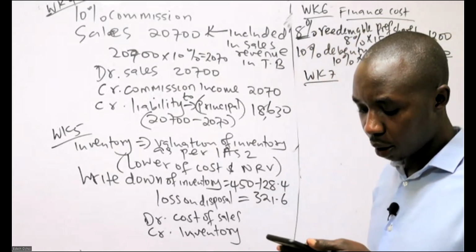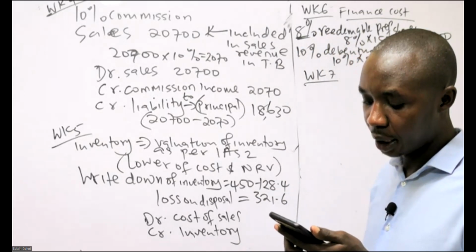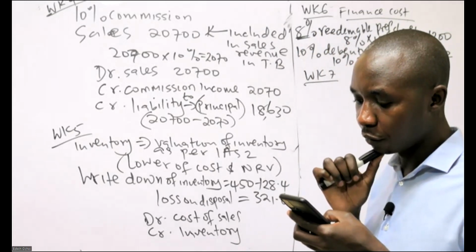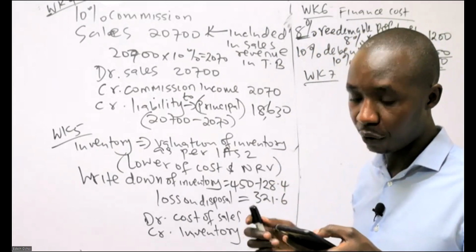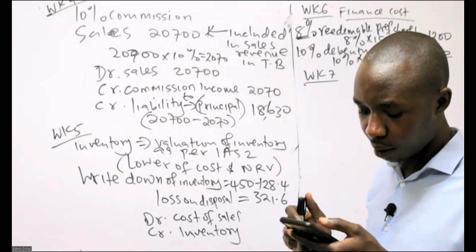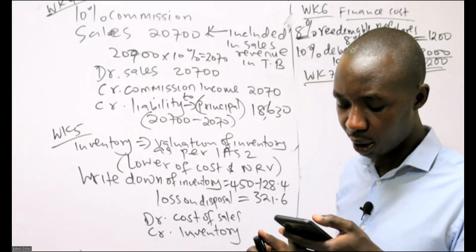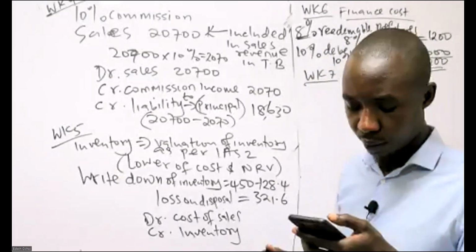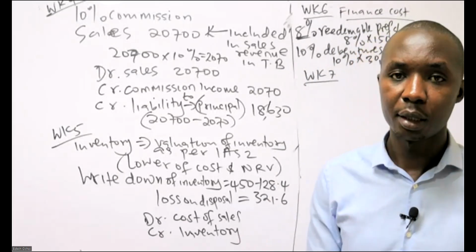For number 8, they say the balance on the income tax in the trial balance, 85.80, represents the amount paid for the year. The tax expense for the year is estimated to be 7,770,000, inclusive of an increase in deferred tax liability of 1,020.